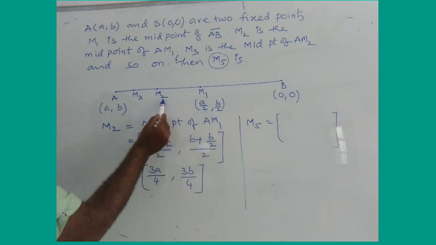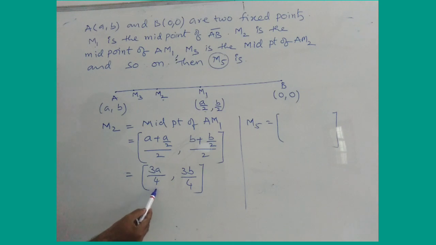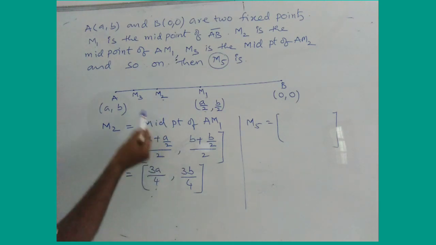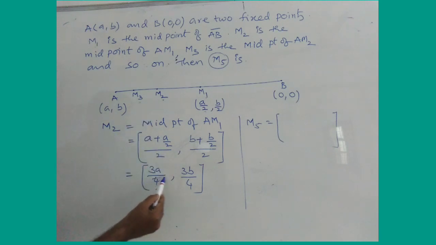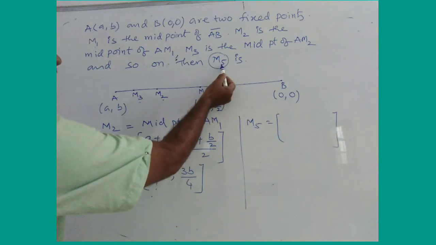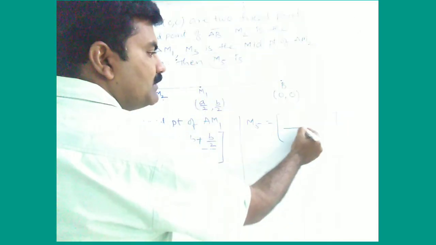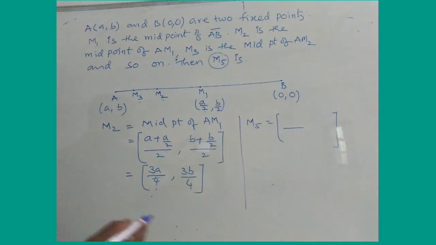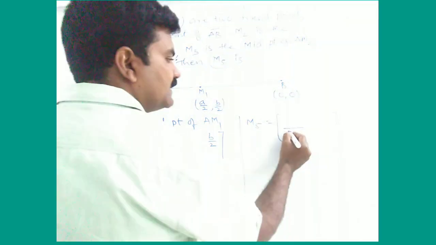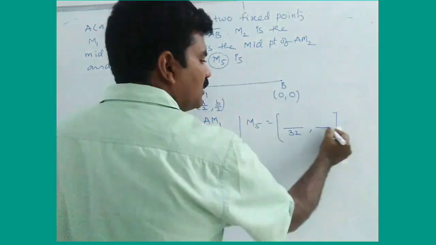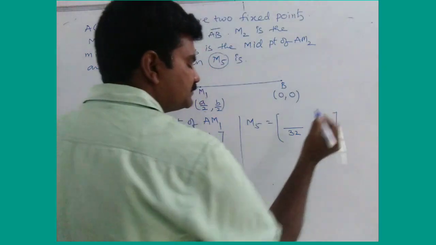The second point, 2 square, which is 4. Third point, denominator will be 2 cube. In the same way, if it is M5, the denominator is 2 to the power of 5, which is 32. Even this coordinate denominator also 32.